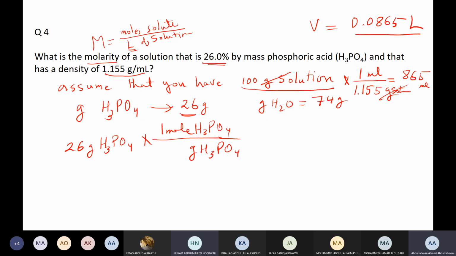Oh, no, I need the total mass first. Yes, maybe you're right, but I will need first the total mass of H3PO4. 98, exactly, 98. I'll believe you. What's the answer then?